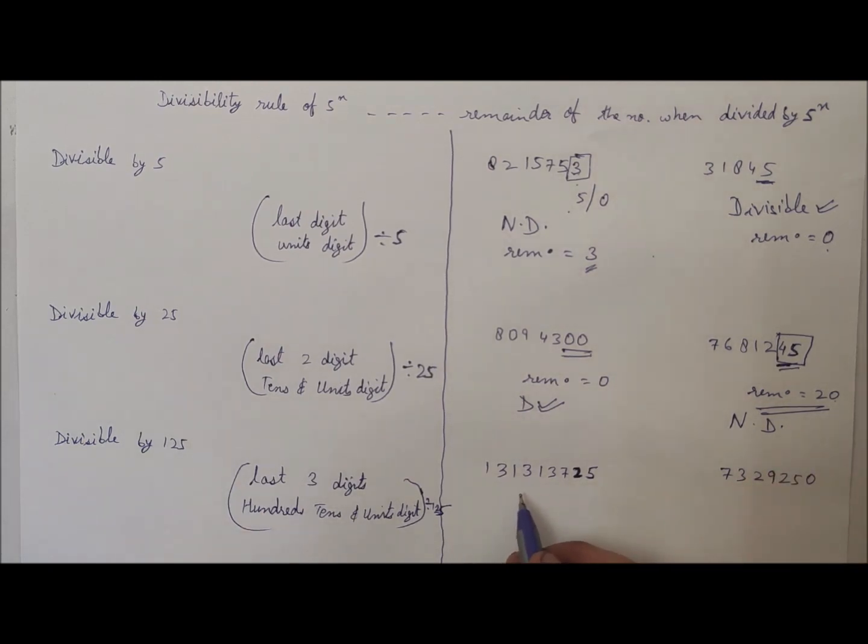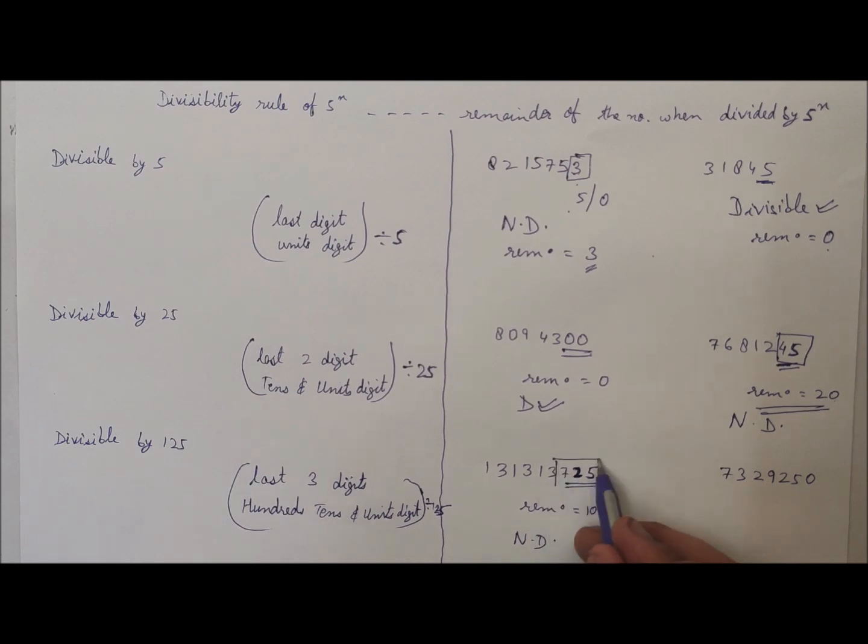Now we come to this part. So we have 725 and we need to check whether it is divisible by 125 or not. 125 times 4 is 500, 125 times 5 is 625, so it's 100 more than 625, so the remainder is 100, so it is not divisible because we have to have a remainder of 0 for the number to be divisible.